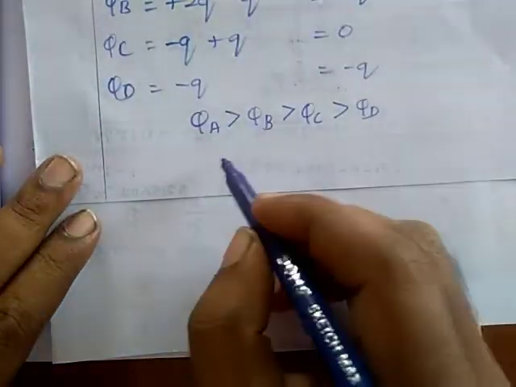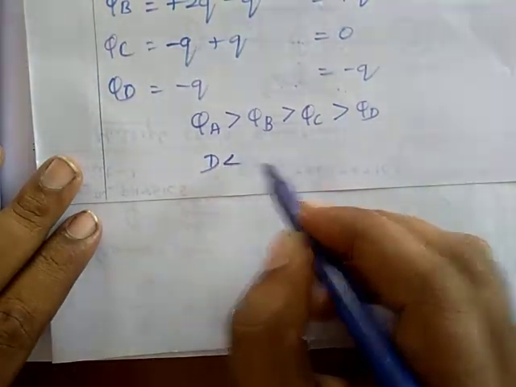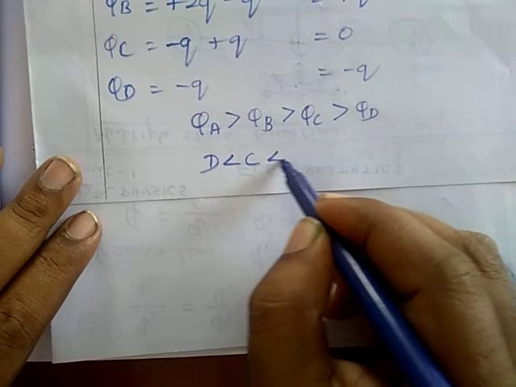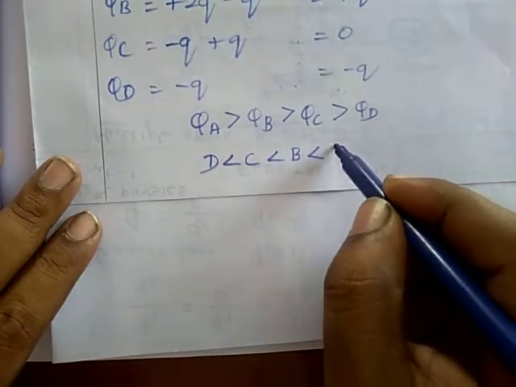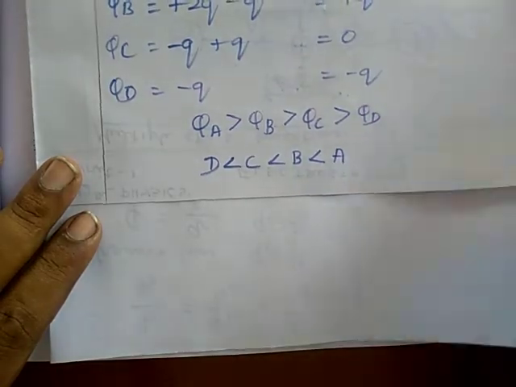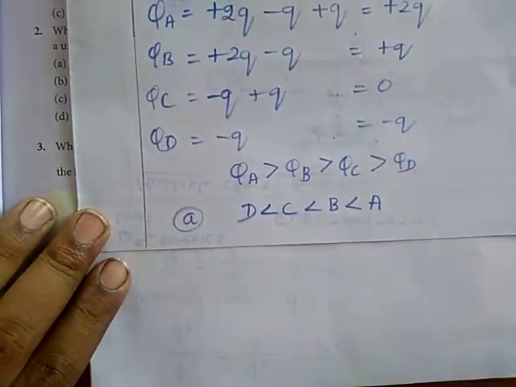If it is rearranged as D is less than C, which is less than B, which is less than A, we can arrange it like this also, and then it is the correct option. Option A is the correct one.